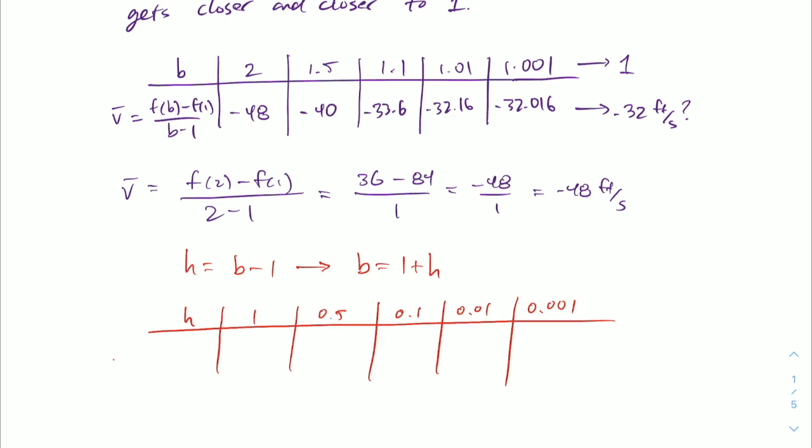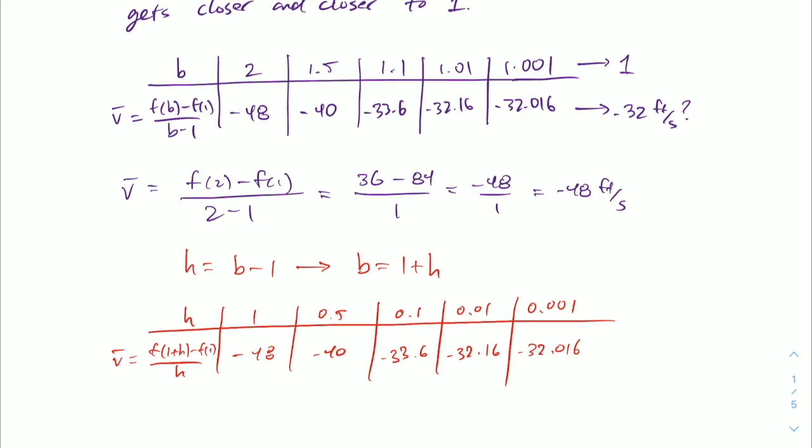The average velocity, written in terms of h, is f of 1 plus h minus f of 1 all over h. Its outputs are going to be the same numbers. It's still the average velocity, with the same outputs. We're just thinking about it in terms of h.